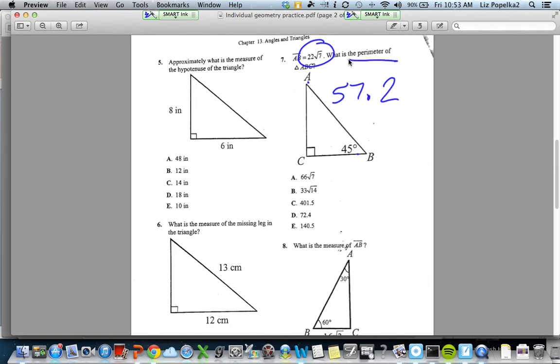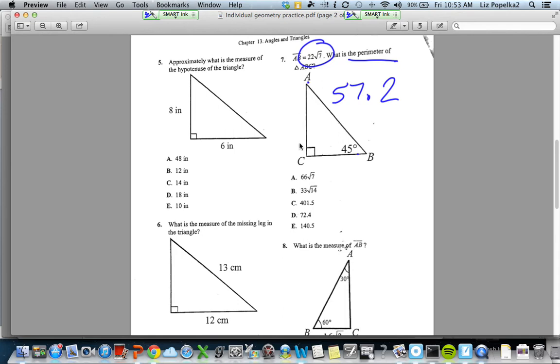The question is asking what is the perimeter of this triangle. If just this one side alone is 57, and you can tell that these two sides are shorter, then at the most, these two have to be less than 57 each.